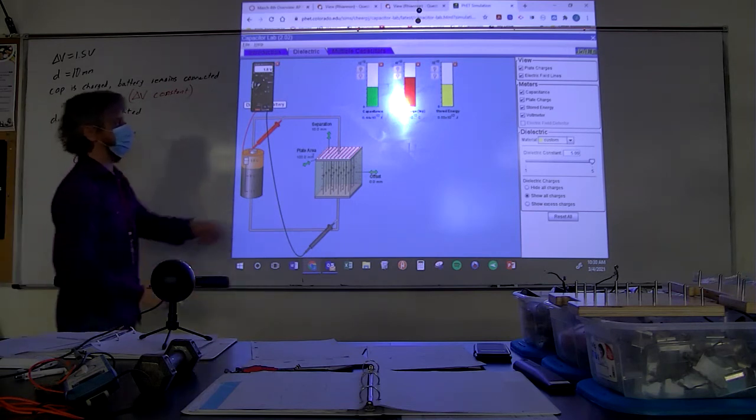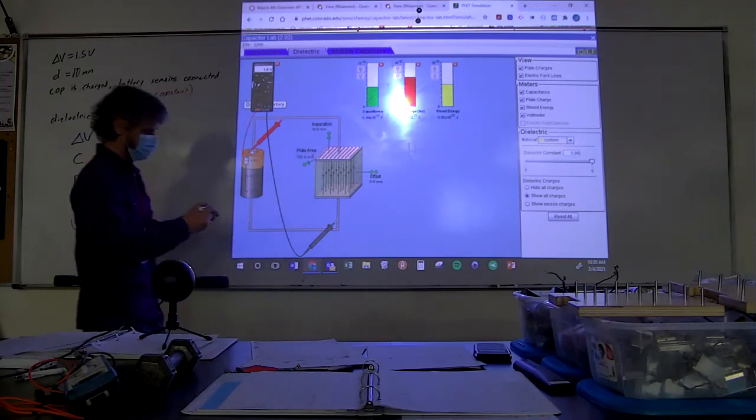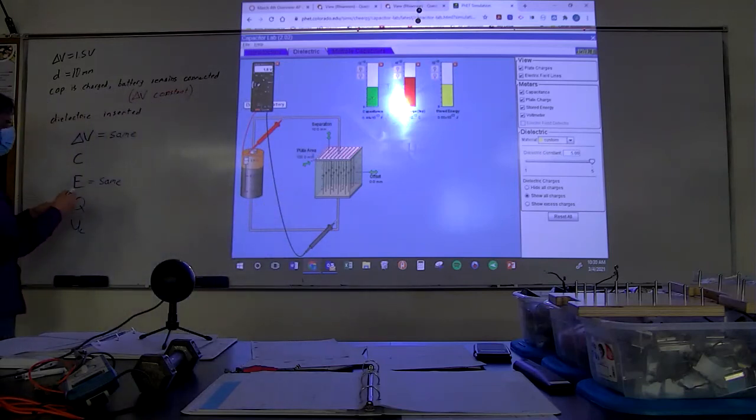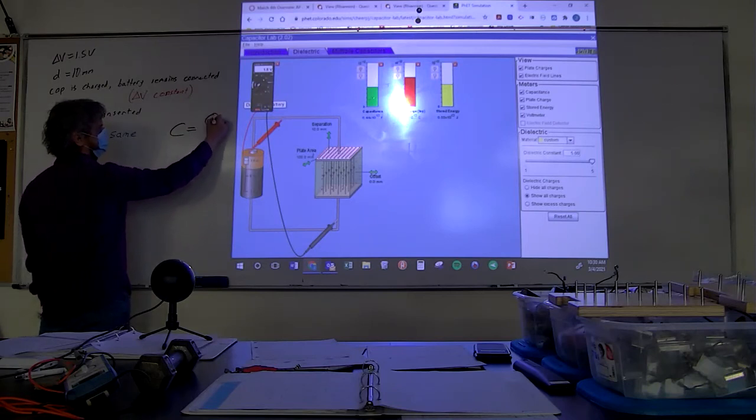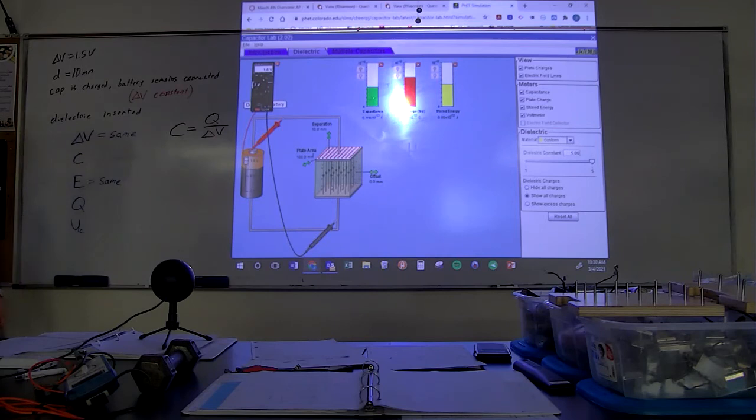We watch the capacitance increase. So we know the capacitance increased. Let's look at the equation for capacitance. Capacitance equals charge over potential difference. So here, the potential difference again didn't change. But in order for the electric field to remain the same, we needed more charge to go on.